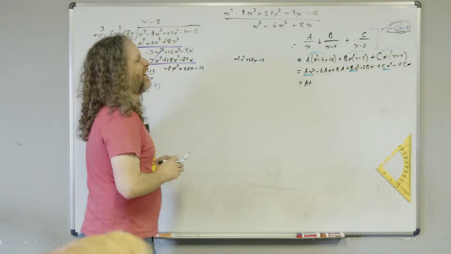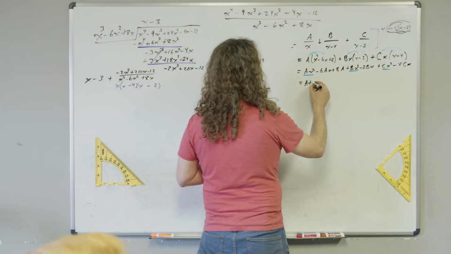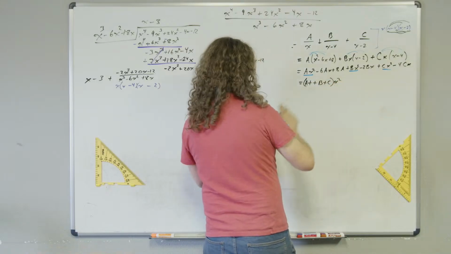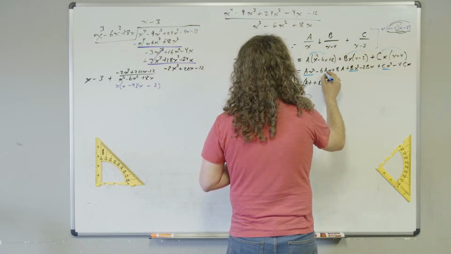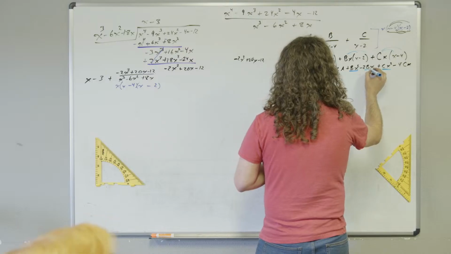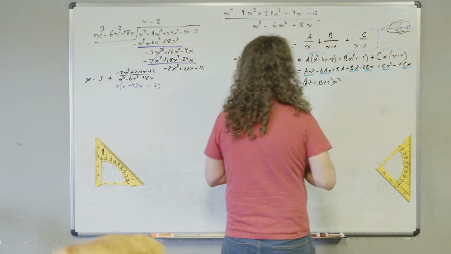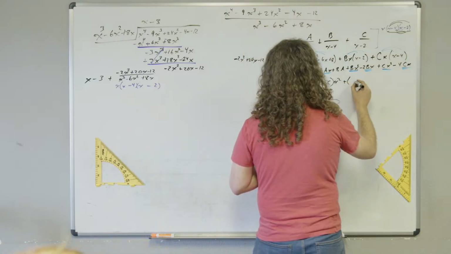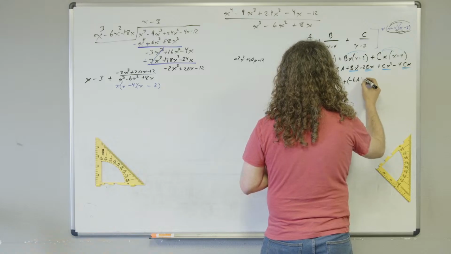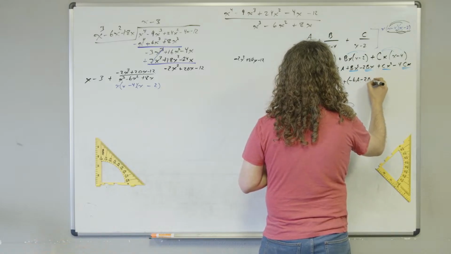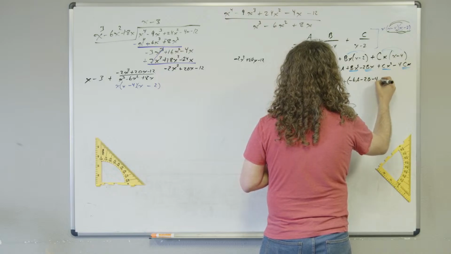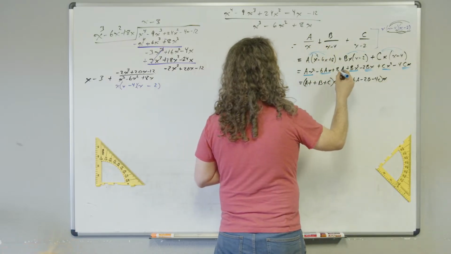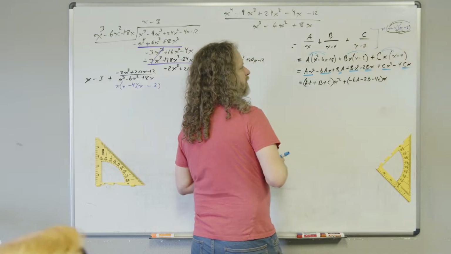But I didn't forget all of them. Okay, a plus b plus c times x squared. Now we've got x terms, this one, and this one, and this one. So plus negative 6a minus 2b minus 4c times x. Then we've got no x terms, which is that lonely guy.